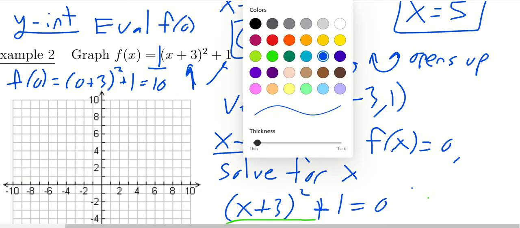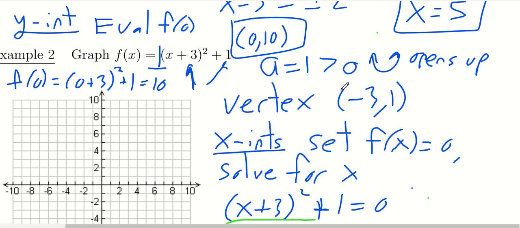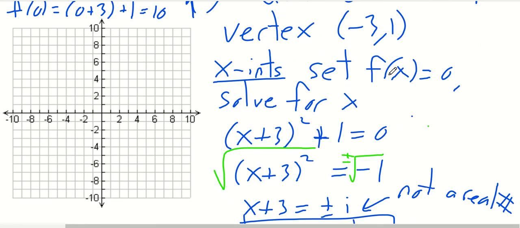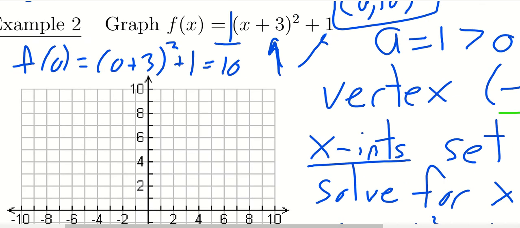And last but not least, we can do our axis of symmetry, our line of symmetry. The vertex was -3, 1. So the axis line of symmetry is going to be x equals -3. So let's go ahead and begin by plotting that first.